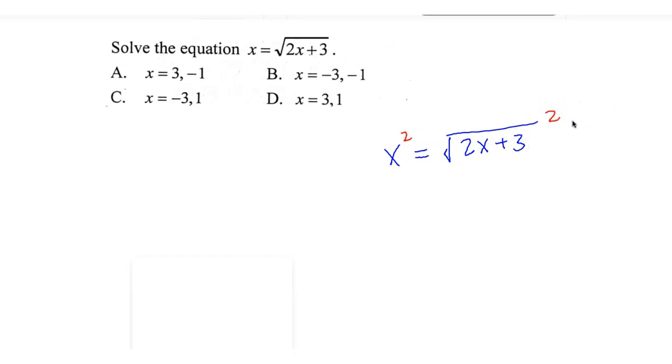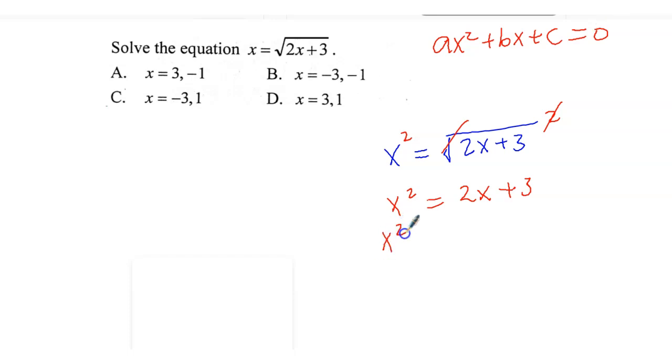When you square here, the square root and the square go away, giving you 2x plus 3. And that tells us that it's going to be a quadratic. When it's a quadratic, the standard is ax squared plus bx plus c is equal to 0. So we have to bring everything to one side.